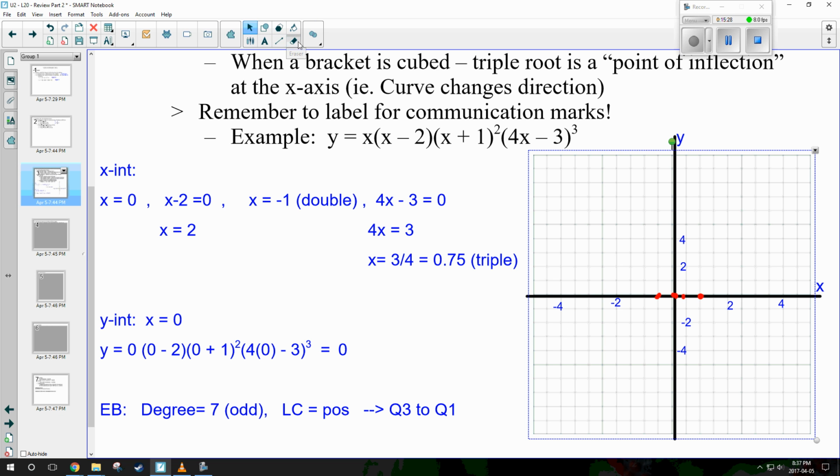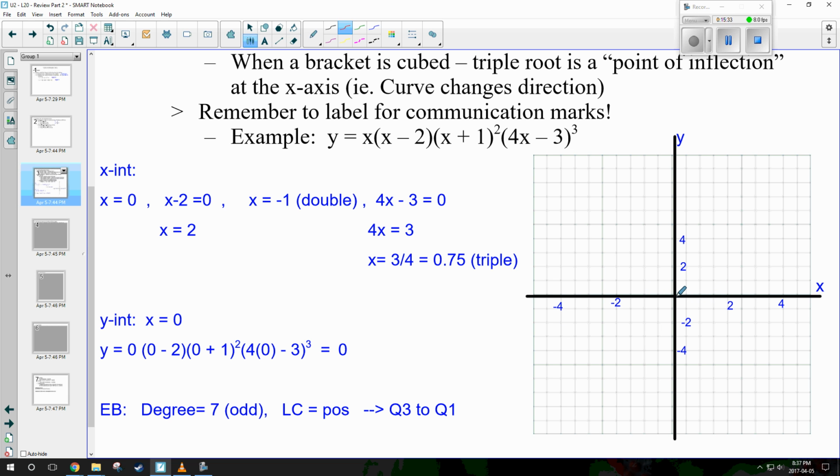Okay, let's try that again just so it's a little bit more spaced out. That's better for you guys to see. So we have 0, 0. We have positive 2. We have 0.75. And we have negative 1. So it's a little bit better there.